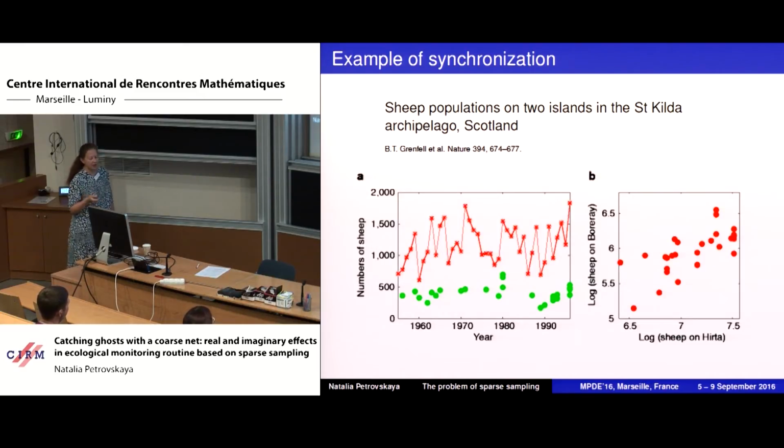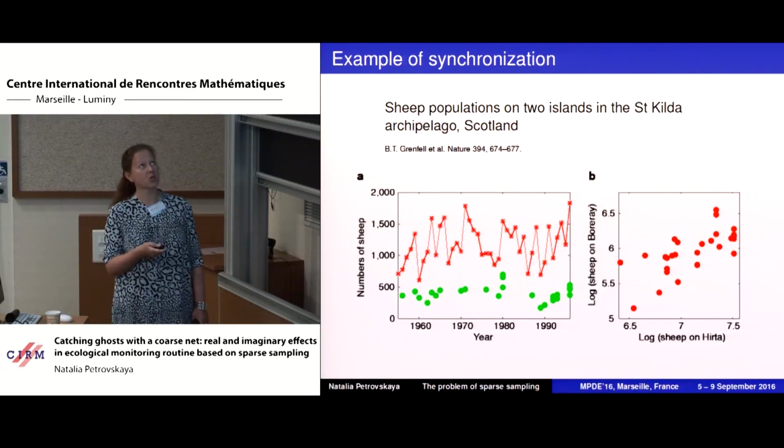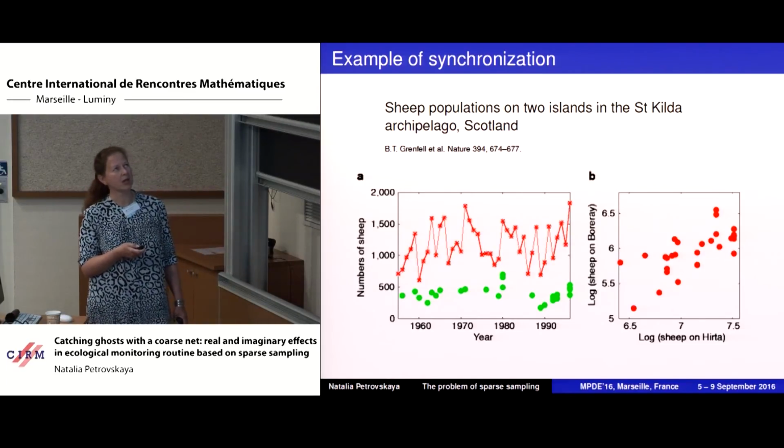And we remember the total population size in the case of sheep can be obtained exactly. So we just count them head by head. And we will see that the population size is different, but fluctuations seem to be pretty similar. And in this case, we talk about synchronization between those populations.